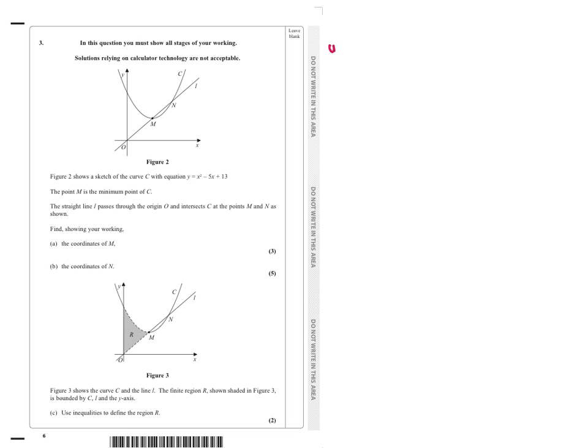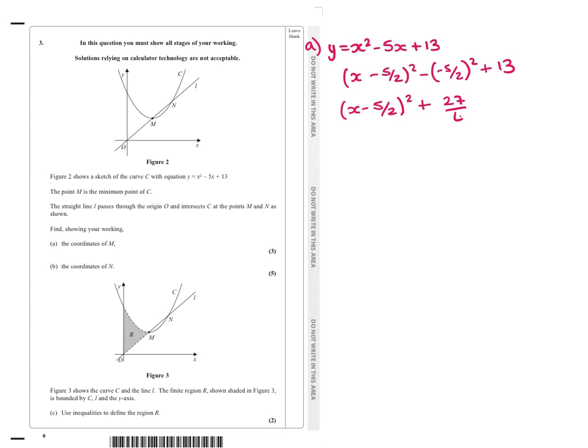So we know that y equals x squared minus 5x plus 13. So we're going to get x minus 5 over 2 squared, minus 5 over 2 squared, plus 13, which is going to give me x minus 5 over 2 all squared plus 27 over 4.